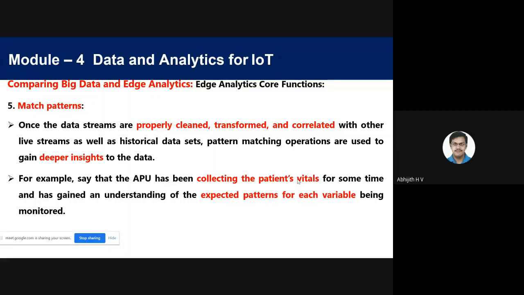So that is a pattern: take the current value and match it with the threshold. If the blood pressure is above 160 by 100 or so, it is very dangerous. And if it is still increasing, it may lead to a stroke. That is one of the patterns.